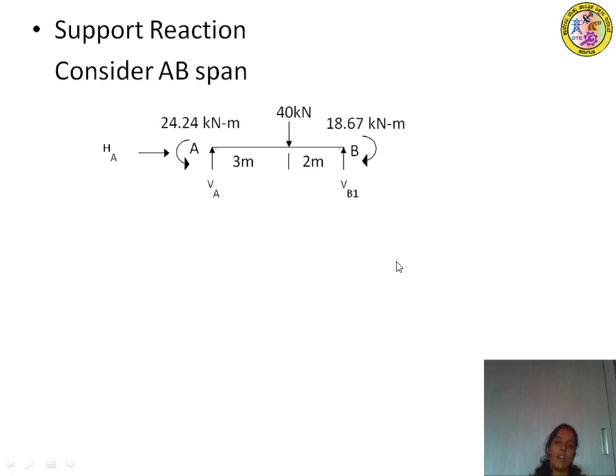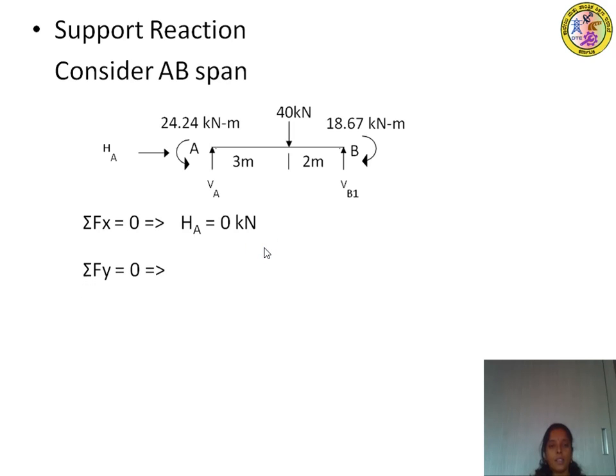So let us apply the 3 equilibrium conditions. Since at A we have a fixed end, HA does exist. Since there are no inclined or horizontal forces, when we apply sigma Fx is equal to 0, this implies HA is 0.